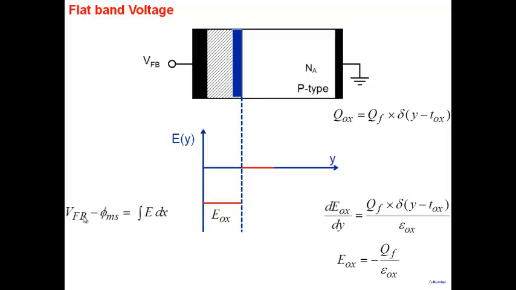Normally we write Vg minus phi ms. What is Vg? V flat minus phi ms is equal to the area under the graph. And what is the area under the graph now? It is equal to minus QF by epsilon oxide multiplied by T oxide.